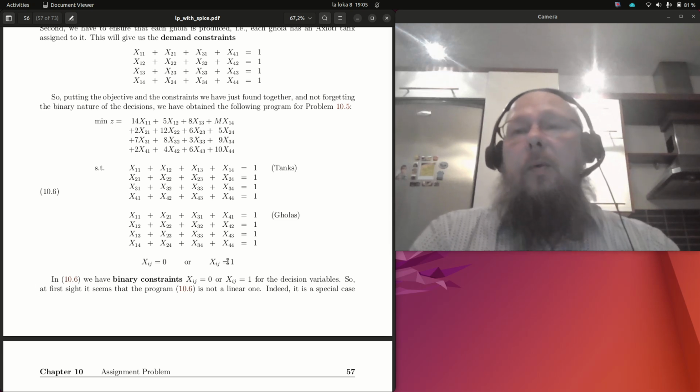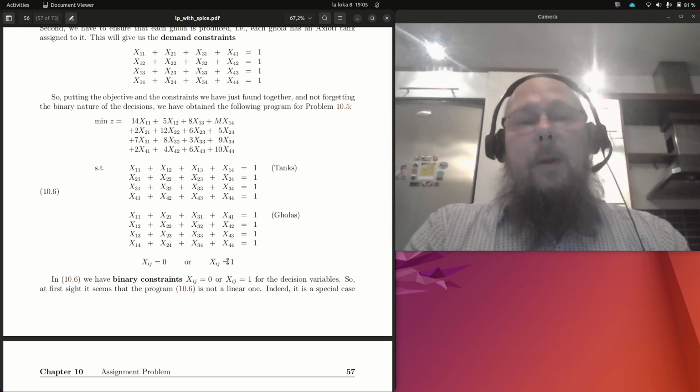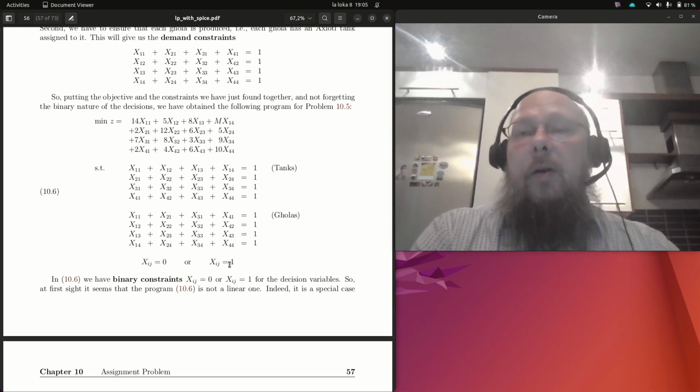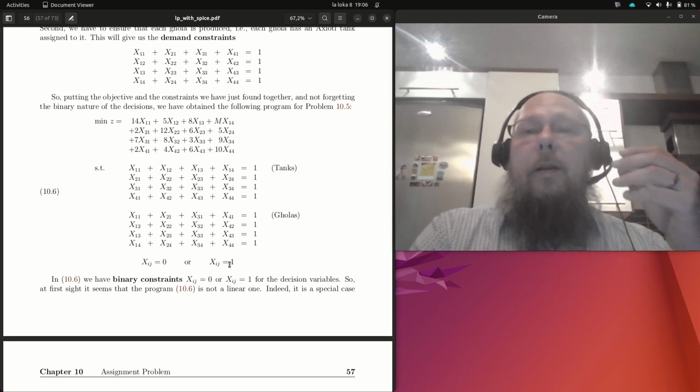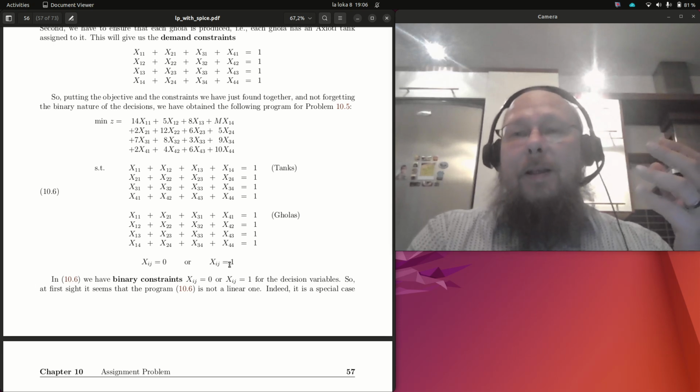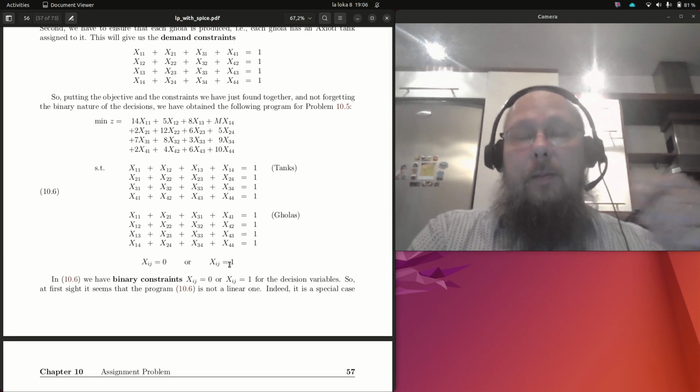This means that I'm looking at the LP relaxation, meaning that if these binary constraints are relaxed to be non-negative constraints, then I'm looking at an LP, and it turns out, it can be proven, that this LP relaxation and this original binary program have the same solution.